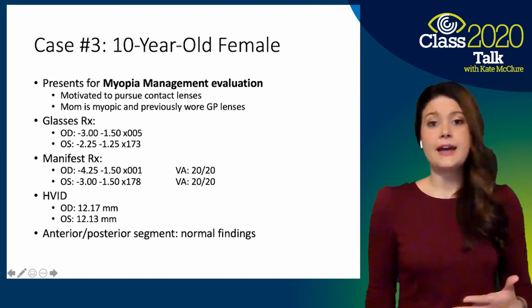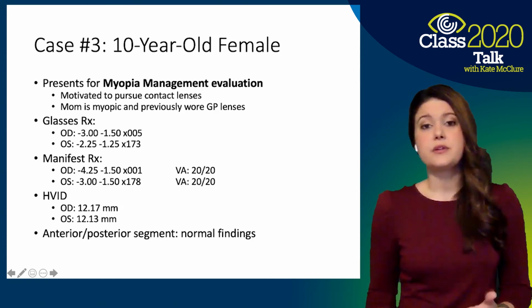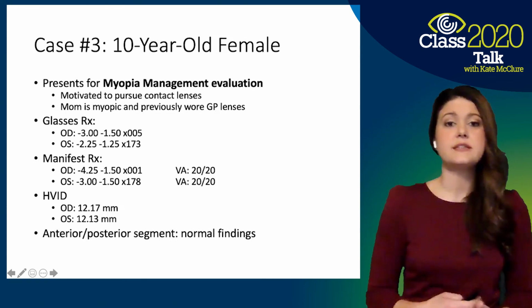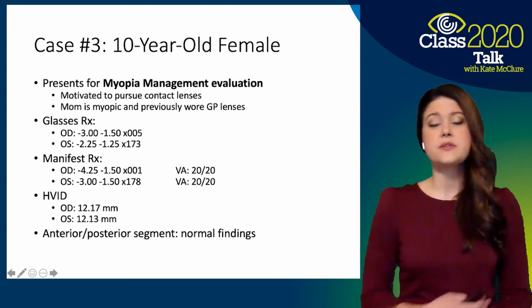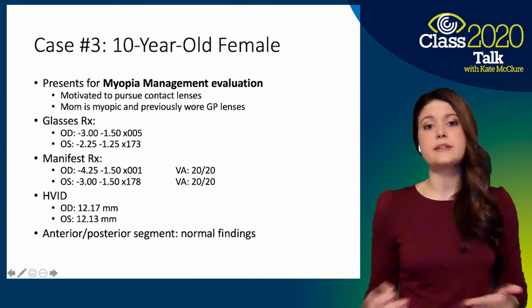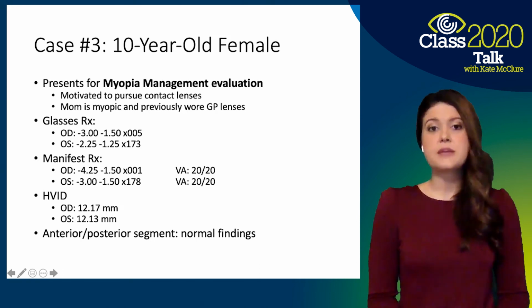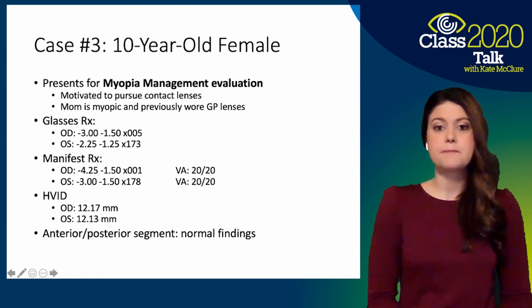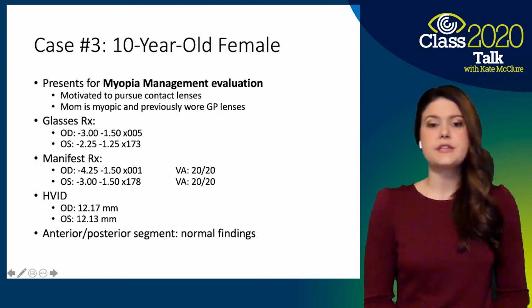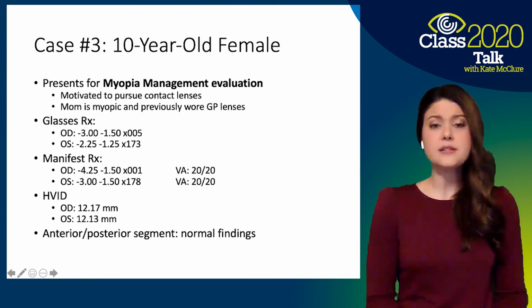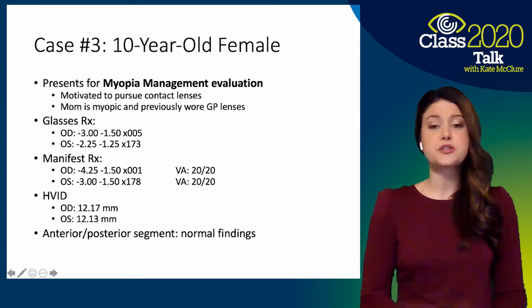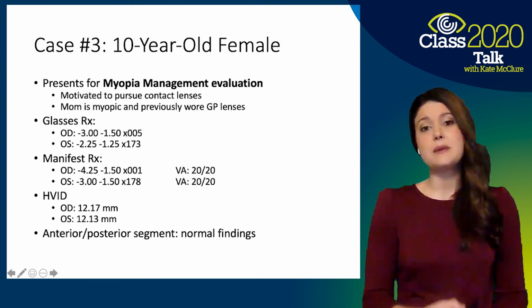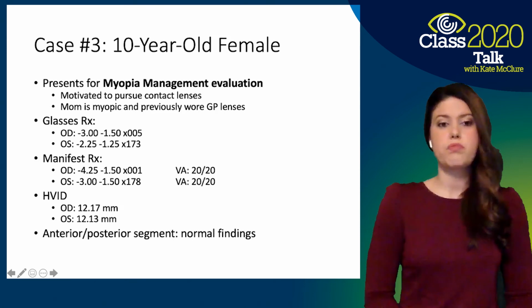Now, I think I have all kinds of patients wearing Ortho-K versus soft lenses versus atropine. So it's really about talking to your parents and patients and finding the treatment that's going to work best for their family. So it needs to be an open conversation. But ultimately, you want to make sure that you're prescribing the treatment that's going to be best for the patient.